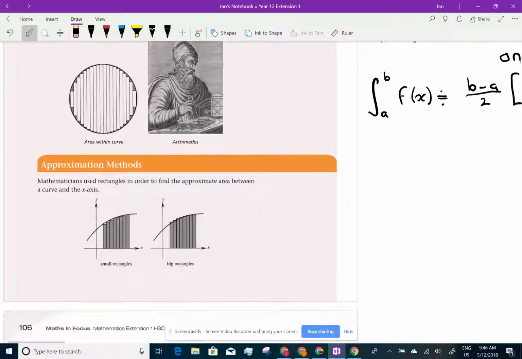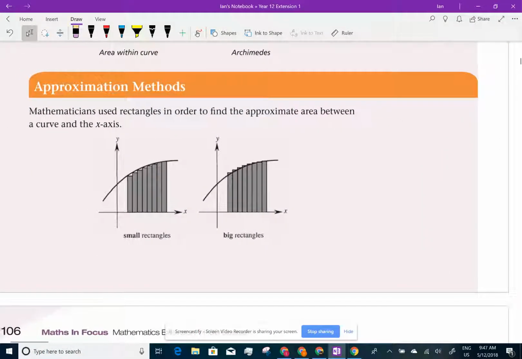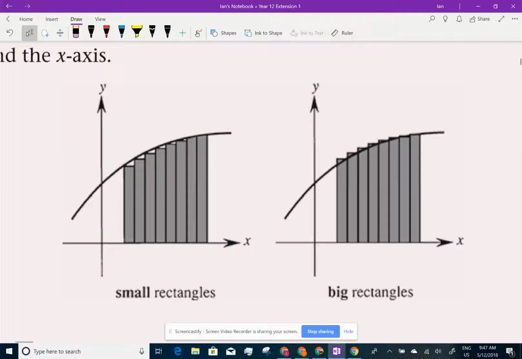Now, so let's think about this. Here we've got some sort of function. It doesn't matter what sort of function it is. And we're trying to find the area under the curve. Now, you can use rectangles, but as you can see, you get these gaps here.